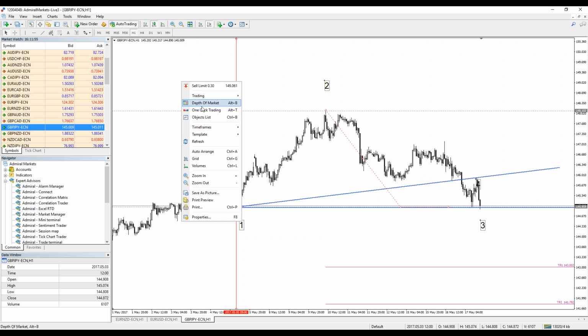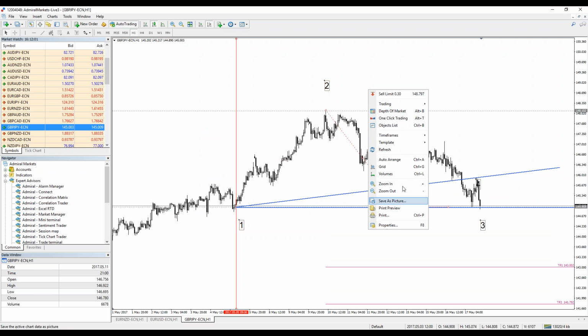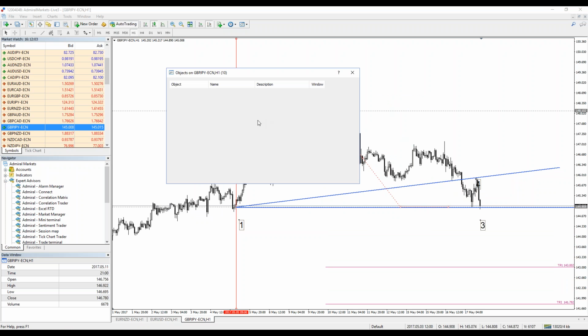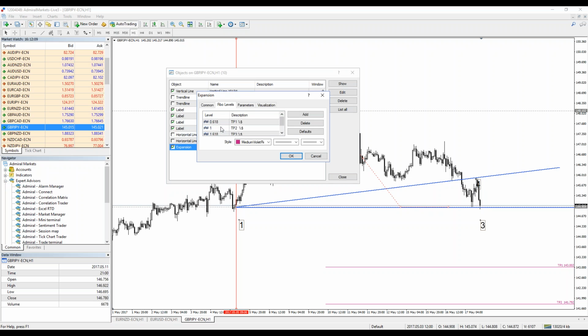Let me see properties. Okay, objects. I will do it with the objects list. I need to find Fibonacci expansion. Edit. Okay, no, this shouldn't be like this. It messed up.